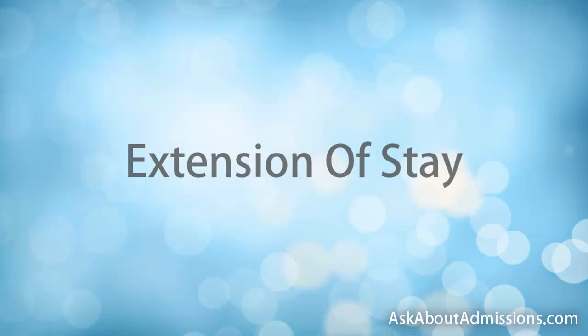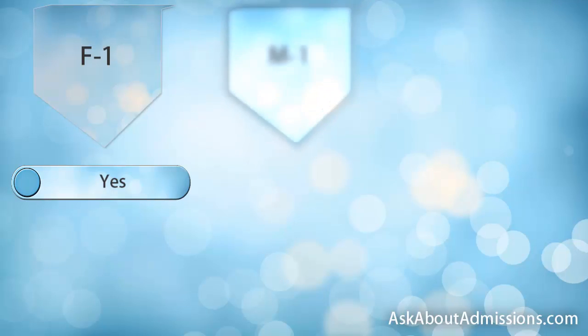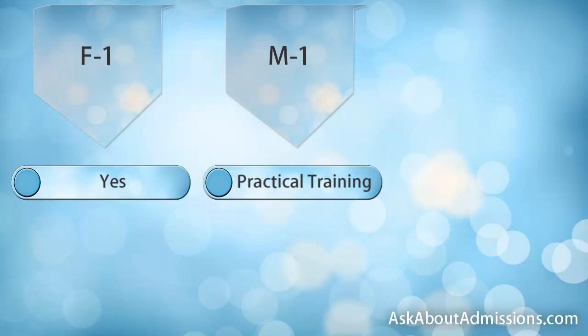Extension of stay. F1 visa holders may apply for extension of stay if they need extra time to complete their studies. M1 visa holders may apply for extension of stay on M1 visa after the completion of their studies to pursue practical training. If approved, they will be allowed to have 1 month of practical training for every 4 months of study they have completed.